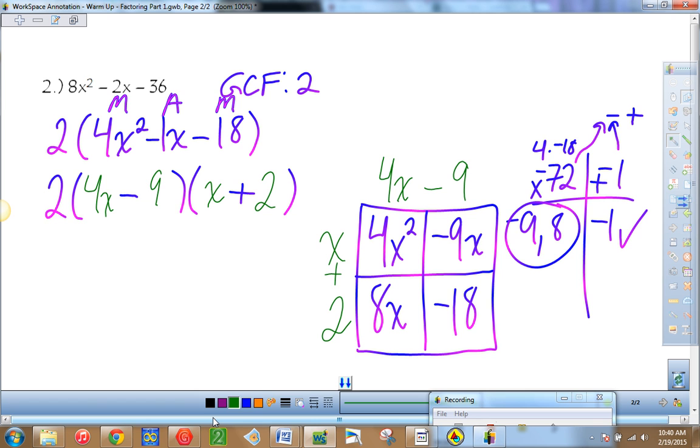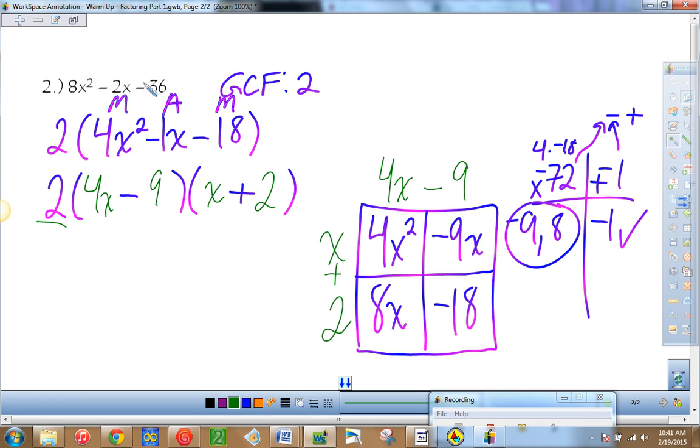Why do we take out a 2 at the start of the problem? When you're factoring, do you remember what factors are? Why are these factors of 72? Because they multiply to get it. If you multiply all 3 of these together, they give you back your original expression. If you don't include the 2, you're not going to get all the way back.